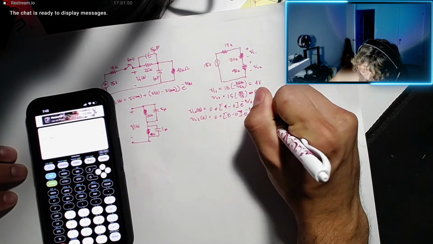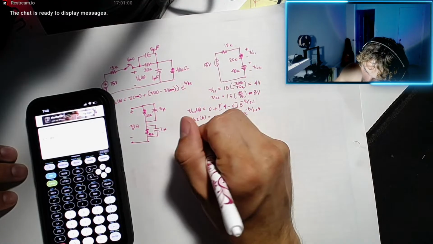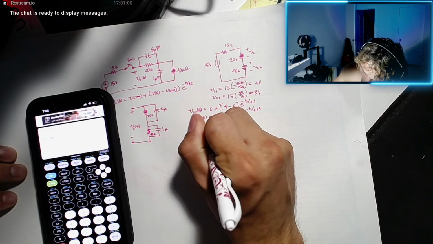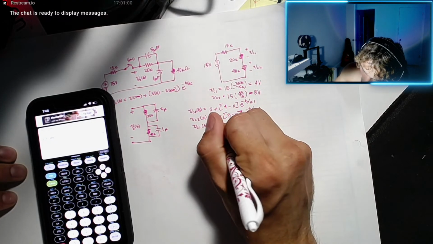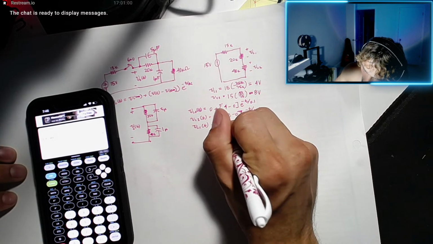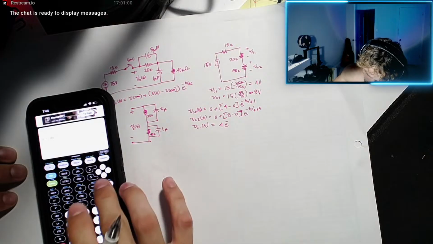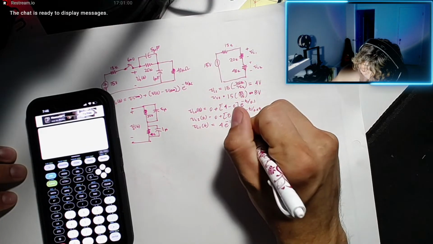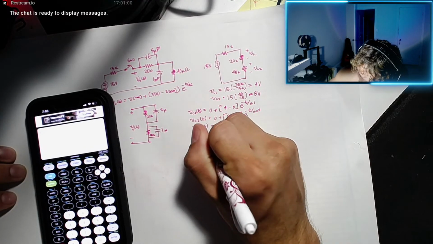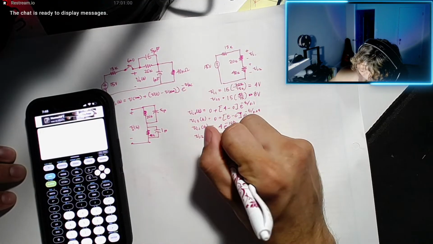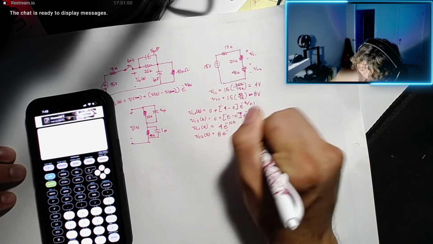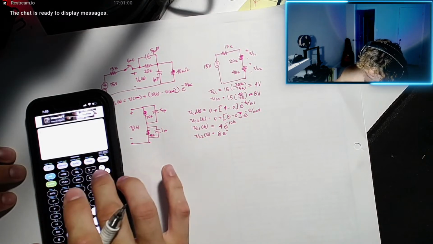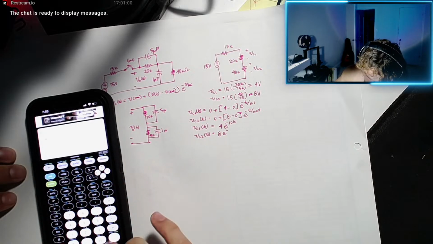That is 0.04. Negative 1 divided by 0.04, that's 25.